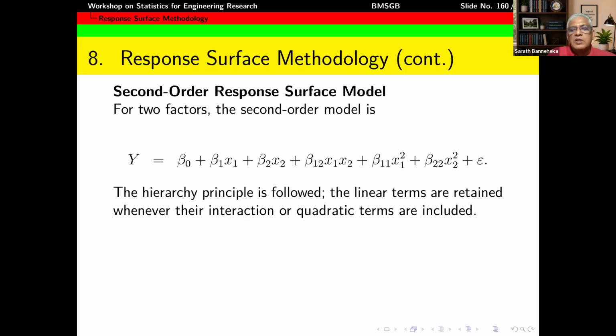That means if, for example, quadratic or interaction terms are significant, we always keep the first order terms in the model, right? Statistically, they might not be significant, but still in that case, we keep them in the model. That is called the hierarchy principle, right? Once a higher order term in the model is significant, the lower order terms are automatically kept in the model.